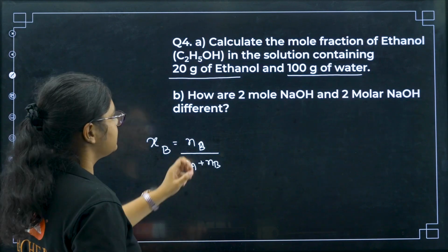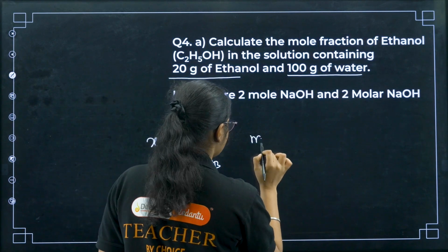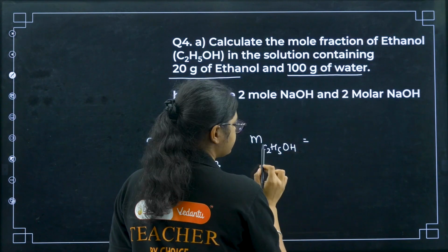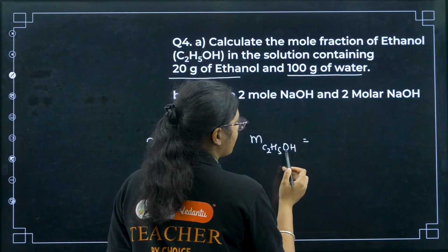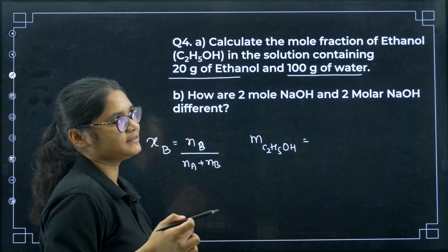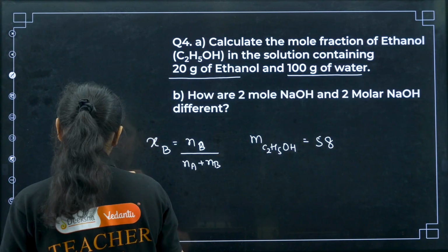Now first, what I have is ethanol. What is the mass of ethanol? So it is 12 3s are 36, 36 plus 6 is 42, 42 plus 16, that is 52, 52 plus 6 is 58. I think I have calculated the mass correctly.